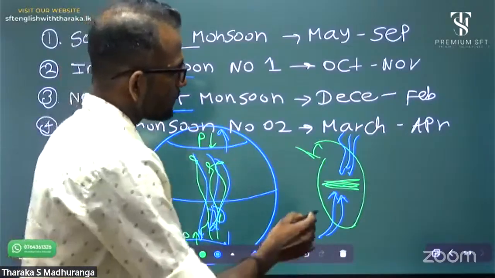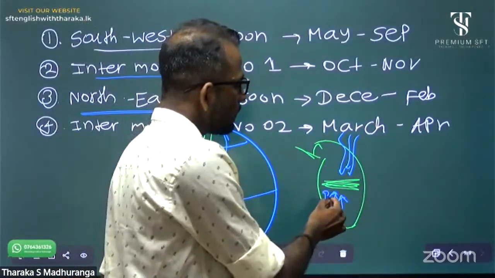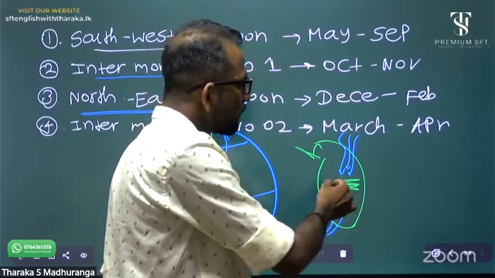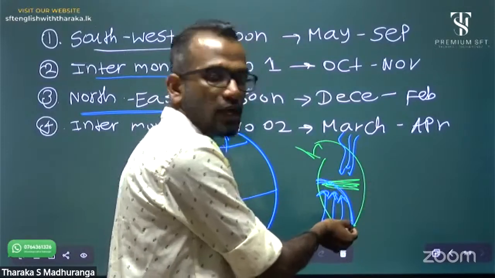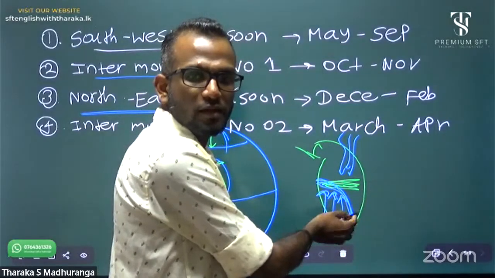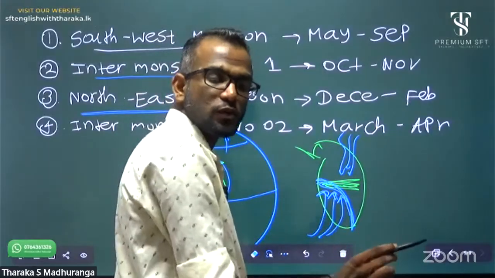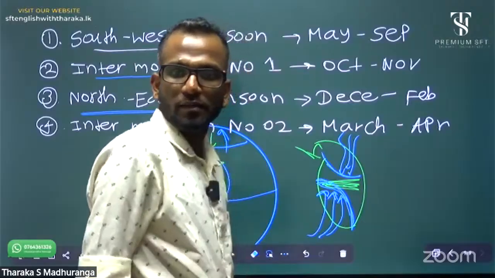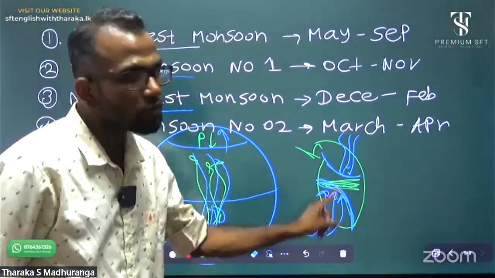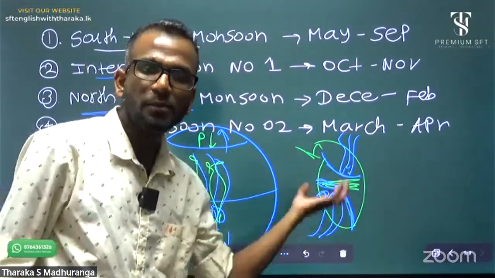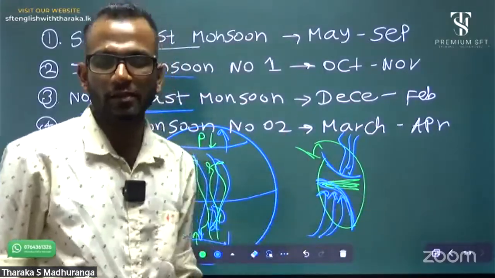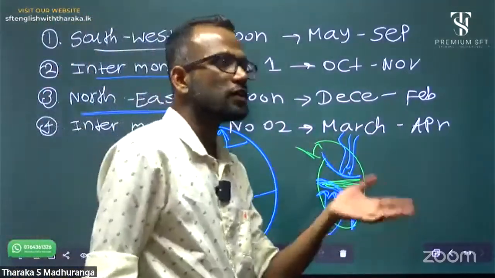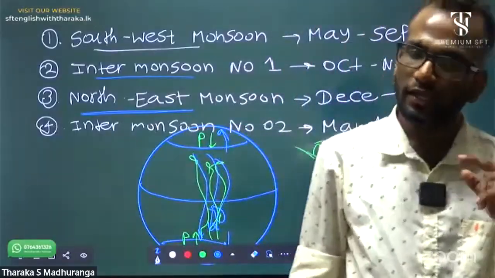Other thing: with the southwest monsoon, the rain mainly comes to the wet zone of Sri Lanka. The northeast monsoon mainly brings rain to the dry zone of Sri Lanka. The dry zone and wet zone are actually separated according to this rain type. Normally, the southwest monsoon rain is greater.